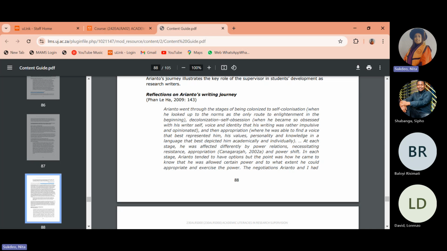She pushed me and she had that drive, but you also got to look at the students' capability as to how much they can do. You want the output, you want to push, but don't push too hard. She took me step by step, always sitting with me, even as I was writing.